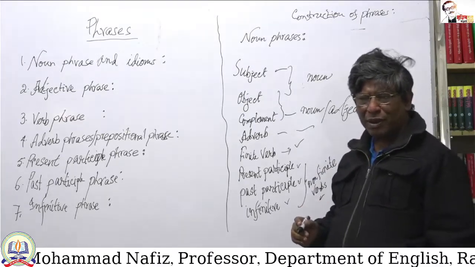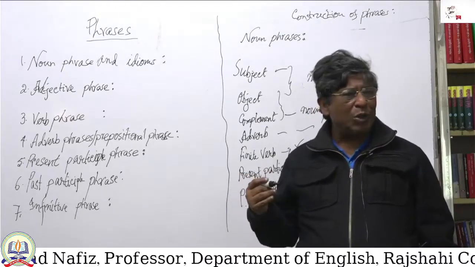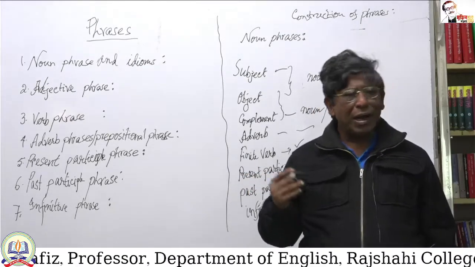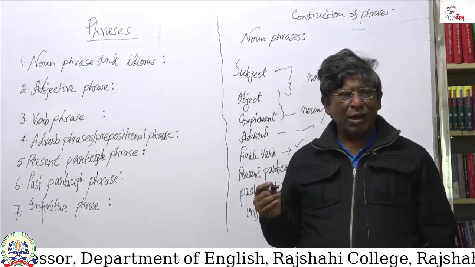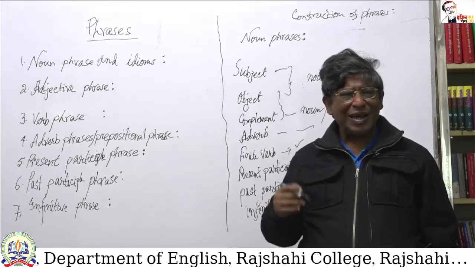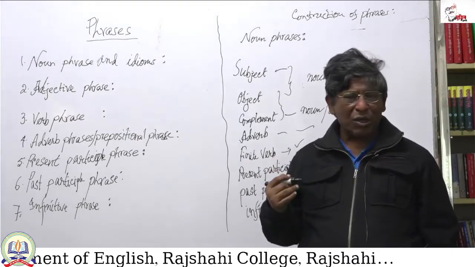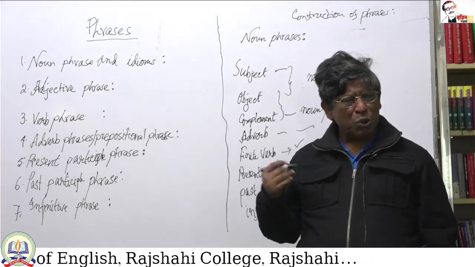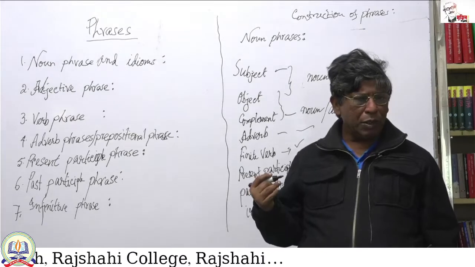Finite verbs are those verbs which are in either of the 12 verb forms, and of course finite verbs are functional. Therefore, a finite verb can be defined as the main verb in a clause which has both function and tense form.